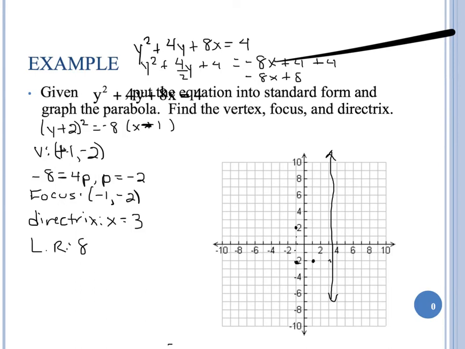It tells me how wide my graph is. There we go.